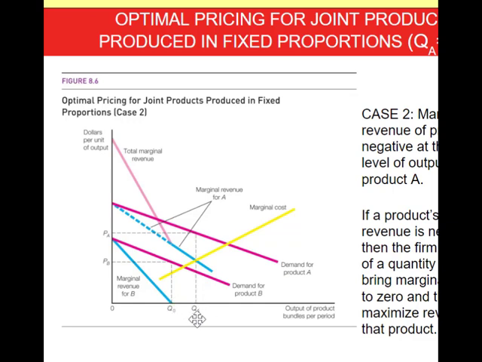But at this Q1, product B has negative marginal revenue, so you don't produce between Q1 and Q0. You destroy or take that amount, Q1 to Q0, of product B from the market and only produce Q1 amount of output, and you stop at Q0 for product B.